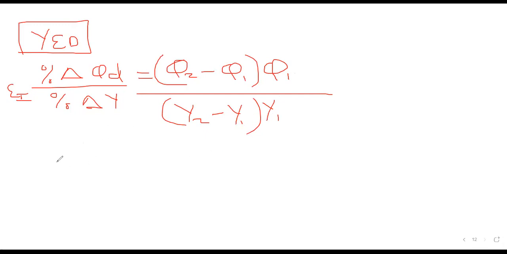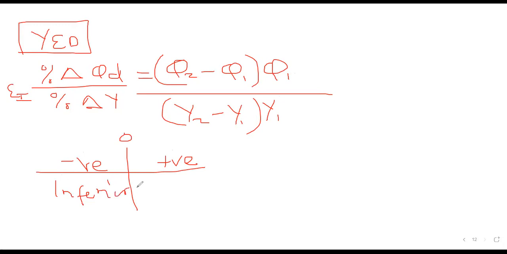So in commenting on elasticity of income, only two options, either it's negative or it's positive. If it is negative, it is called an inferior good. I explained examples. If it's positive, it's a normal good.